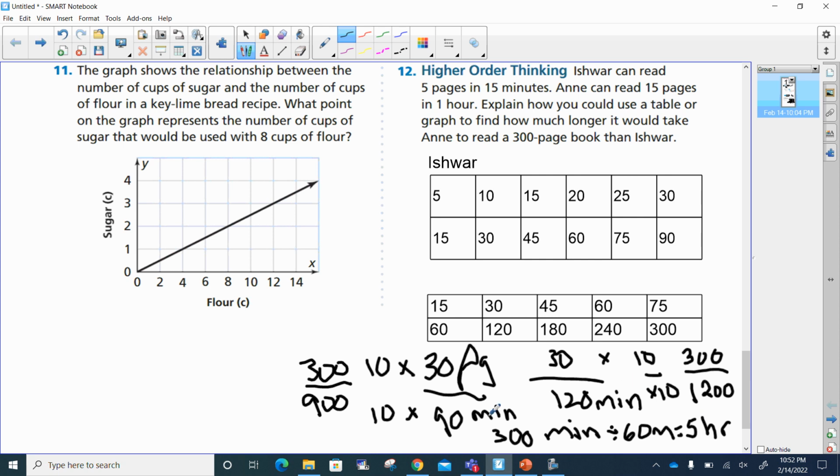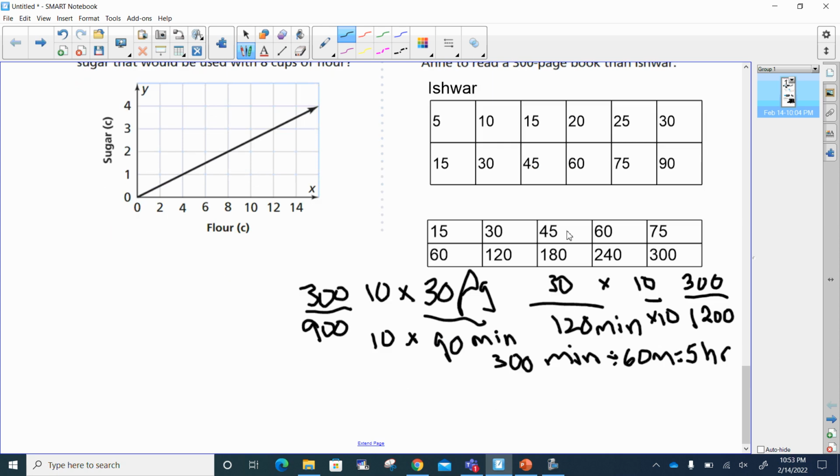And that's what I came up with. If I was making a table, then we would put these coordinates in it, and that would tell us that Ishan was going to read quicker than Anne.